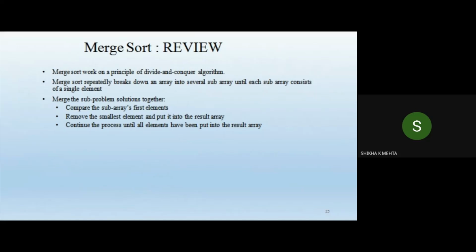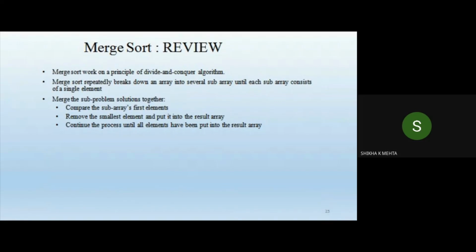The first divide and conquer based sorting algorithm is merge sort. This algorithm we already discussed also. Basically it is based on the principle of the divide and conquer technique. It repeatedly breaks down the array into several sub arrays till we get the unit element in the array.